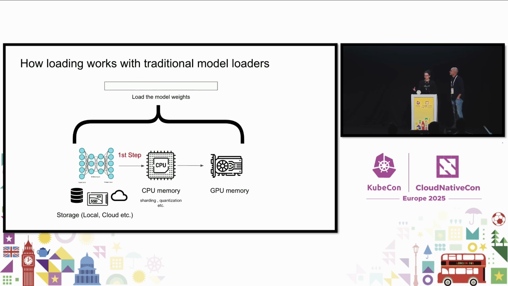And in the CPU memory, there are also some different things that might be happening, like sharding the model, quantization, etc., that will add up on time as well. And then after you load the model to the CPU memory, you need to transfer those weights to the GPU memory, which is the second step. So these steps are happening sequentially. There is no parallelization, and it takes a lot of time.